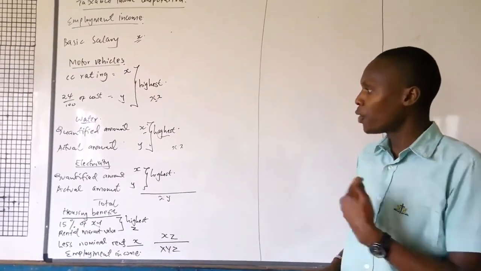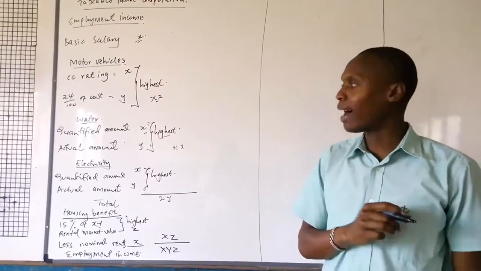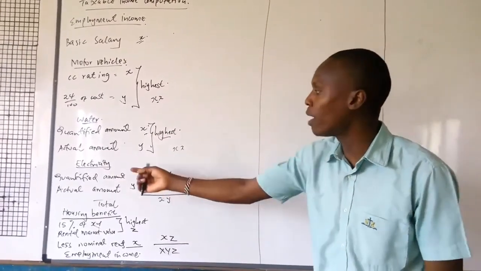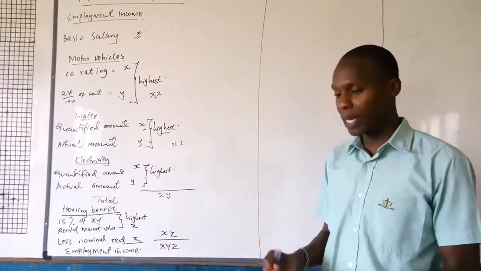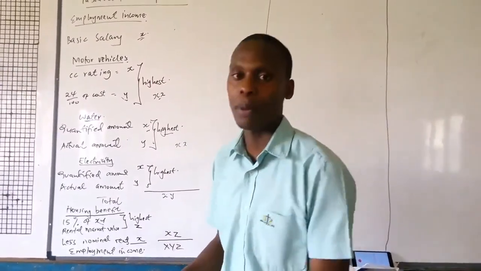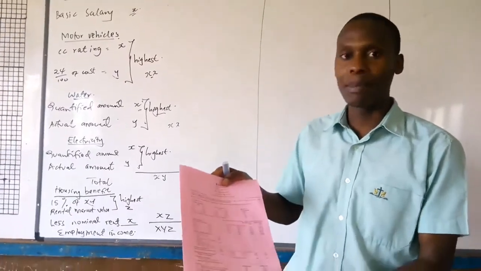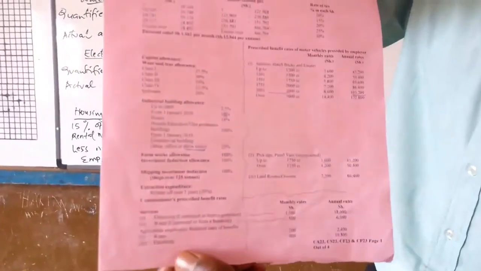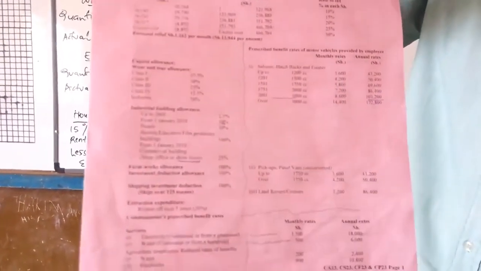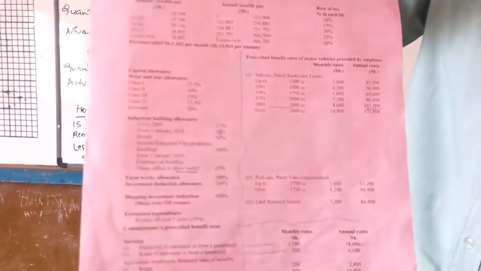Then after that, we also assume that the house is supplied with a continuous supply of electricity. The same case, you go back to the question paper; it will be given at the bottom of the part. As you can see, we have water, then we have the electricity.